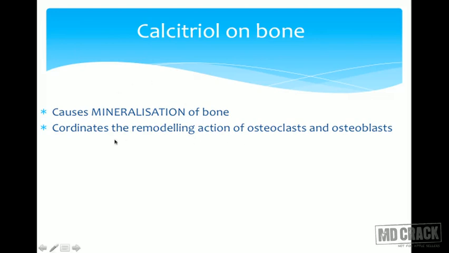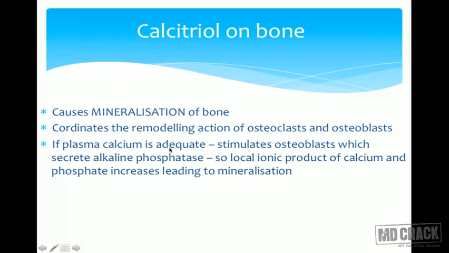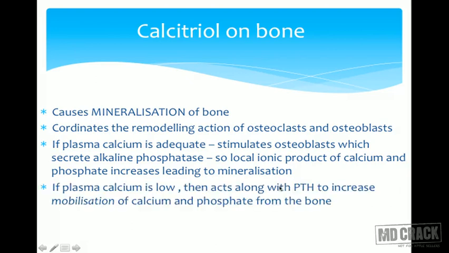It coordinates the remodeling by osteoclasts and osteoblasts. If plasma calcium is adequate, it stimulates osteoblasts, which secrete alkaline phosphatase. So the local ionic product of calcium and phosphate increases, leading to mineralization. But if plasma calcium is low, then it acts along with PTH to increase mobilization of calcium and phosphate from the bone.